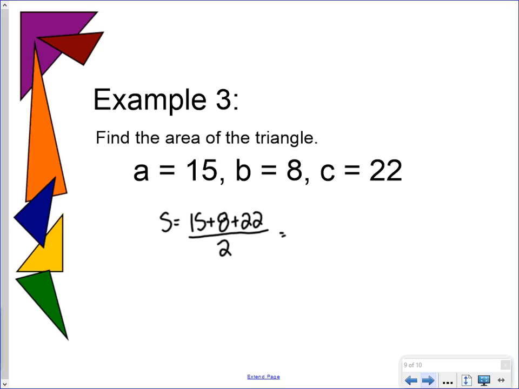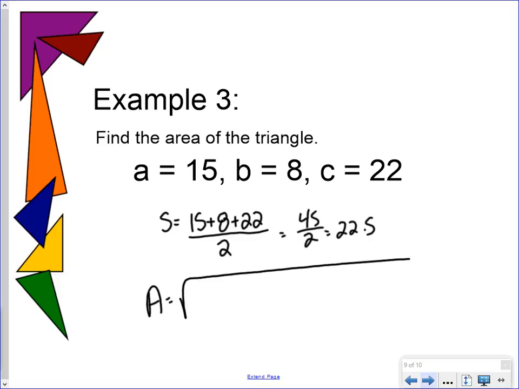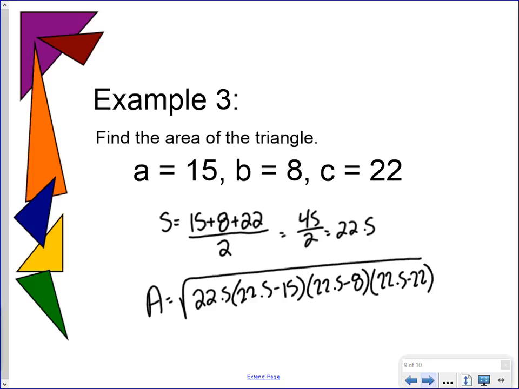That gives me 45 divided by 2, which is 22.5 for S. And then the area is the square root of 22.5 times (22.5 minus 15) times (22.5 minus 8) times (22.5 minus 22). And that's just a calculation I need to do.